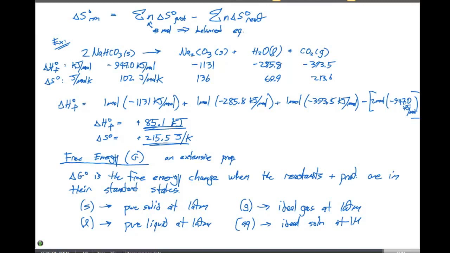So Gibbs came up with some relationships, and the relationship that he came up with was that the free energy, or G, is going to be equal to H minus T times S. When we're looking at chemical reactions and various systems, we typically want to look at the change in these particular quantities.